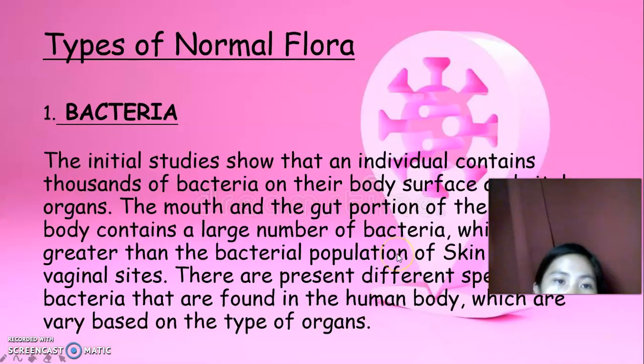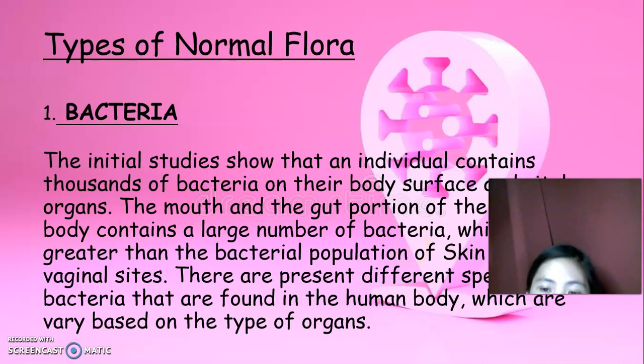Next is types of normal flora. Types of normal flora in the human body include bacteria, fungi, archaea, and viruses. Bacteria in normal flora: initial studies show that an individual carries thousands of bacteria on their body surface and vital organs.